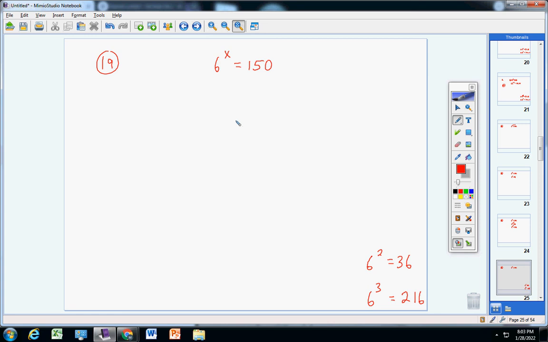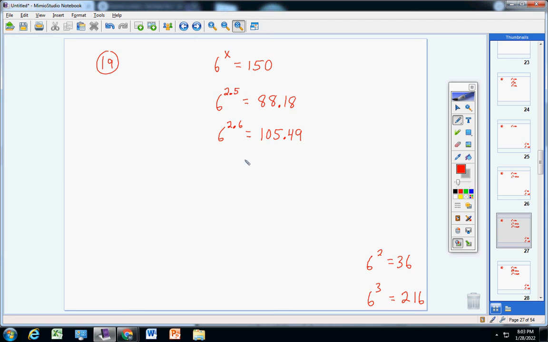So I started trying 2.1, 2.2, etc. And I found out that 6 to the 2.5 power gives me this. And 6 to the 2.6 power gives me this. So I'm still doing good. And I'm not sure why I stopped here. This is incorrect. So I made a mistake here and I apologize.